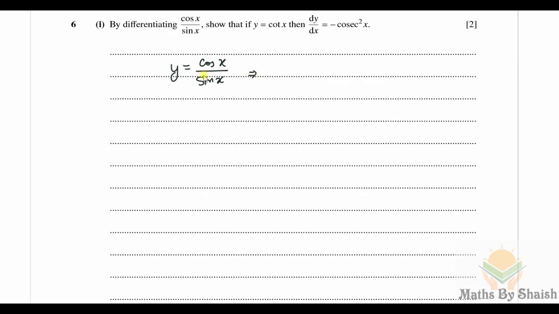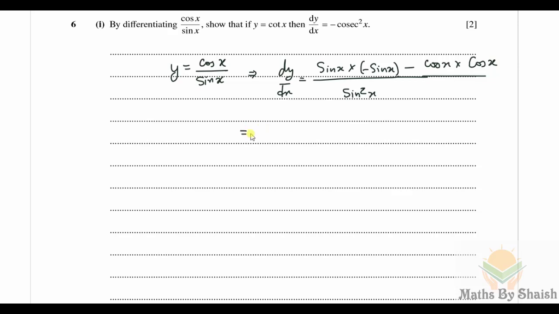So from here we are going to use the quotient rule for this differentiation. So dy over dx is equal to, and the wonderful way to remember, start with the denominator, square it, and then write the same thing again, then do the differentiation of cos x, that is minus sin x, minus the numerator as it is, and then differentiation of denominator, that is again cos x.